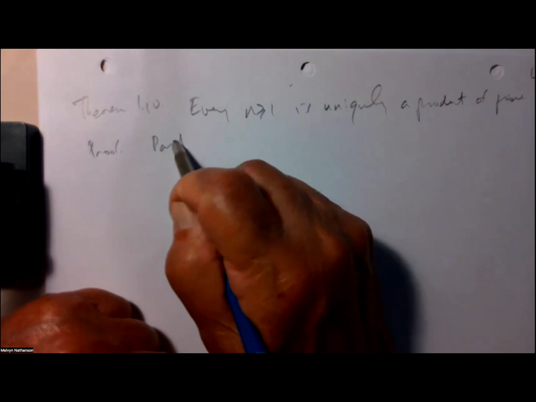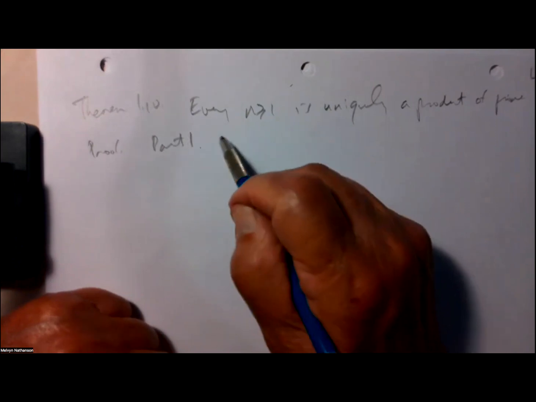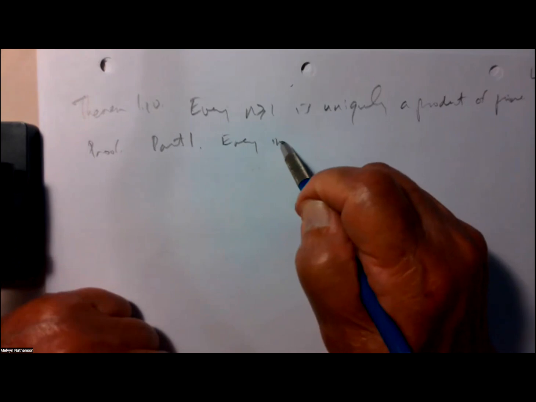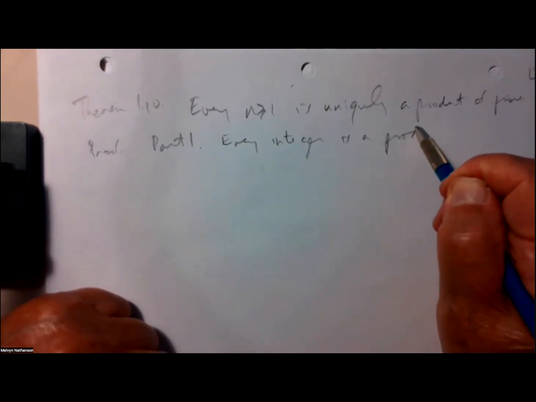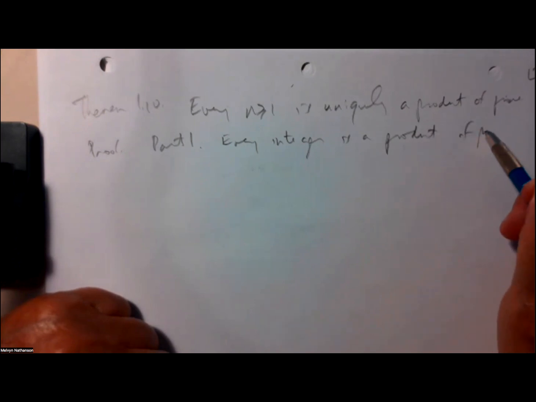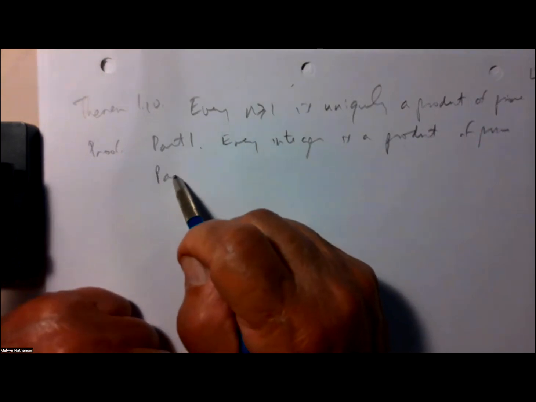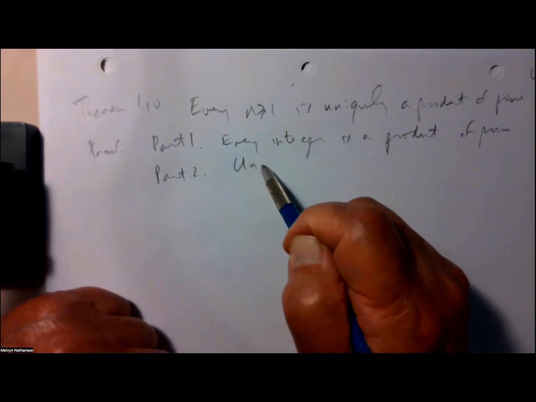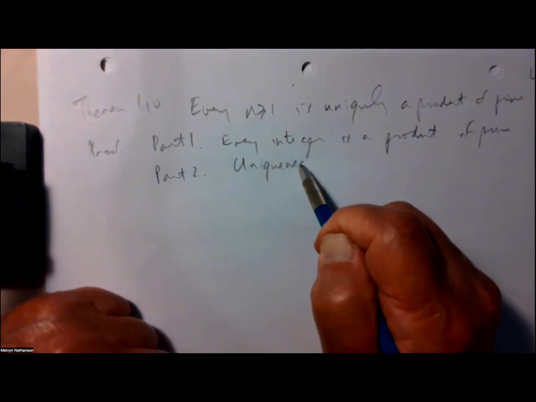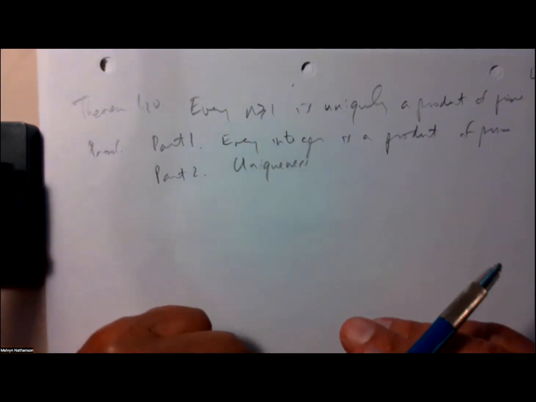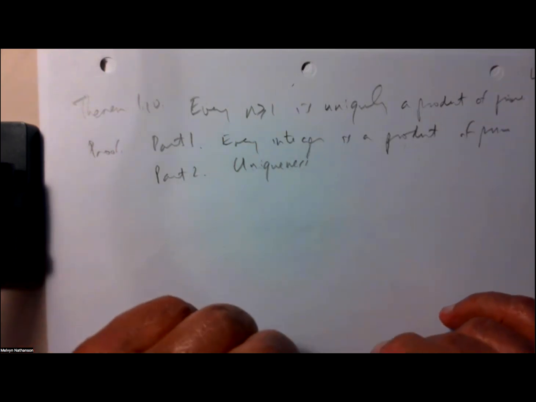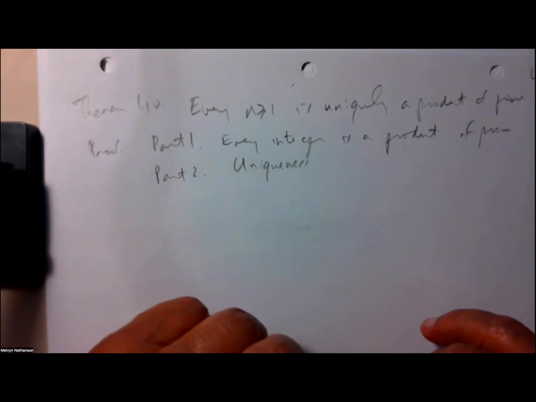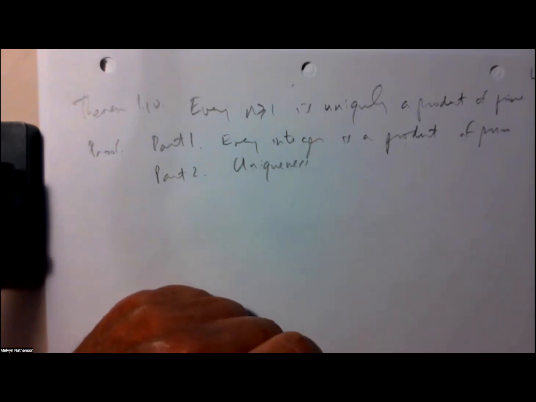Part 1 would say every integer is a product of primes. And part 2 would be the uniqueness assertion, that if you factor an integer into a product of primes in two different ways, you have exactly the same primes occurring exactly the same number of times, only they might have been rearranged when you write them down.